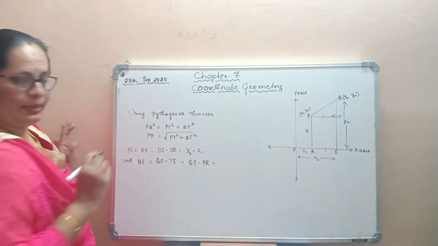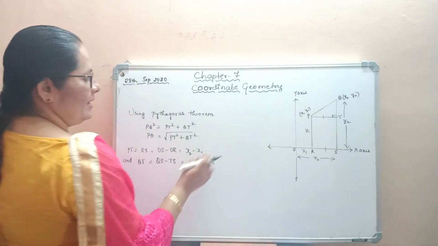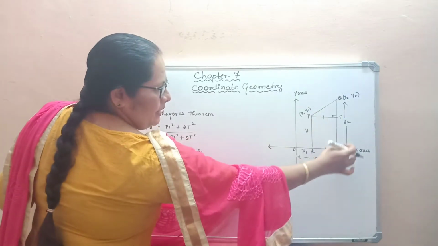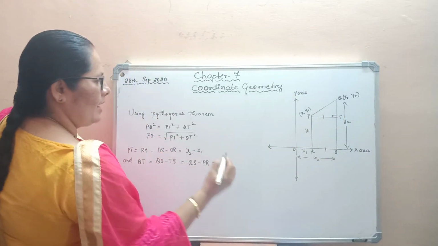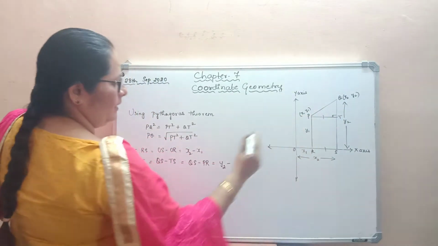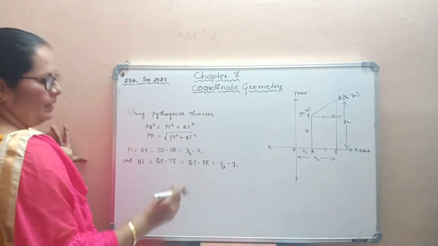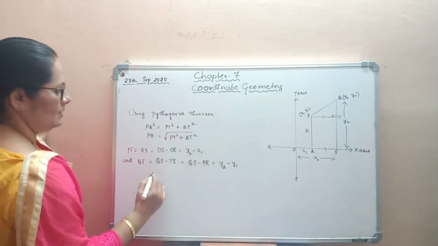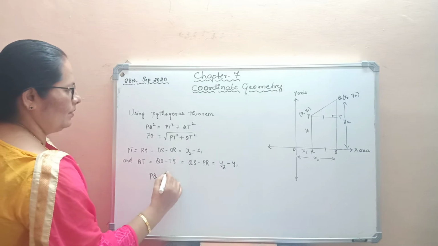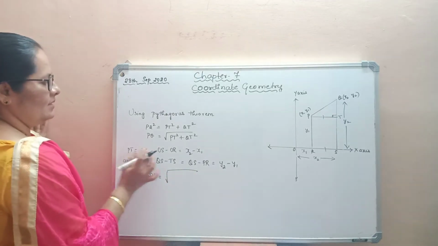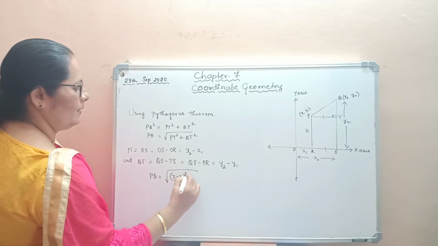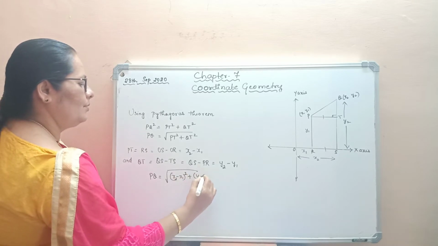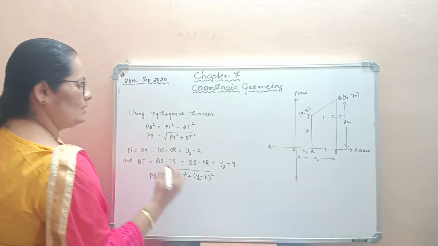So distance QS is equal to y2 and distance PR is equal to y1. Now substitute these two in this equation. PQ equals PT square, PT is x2 minus x1 whole square, plus y2 minus y1 whole square.